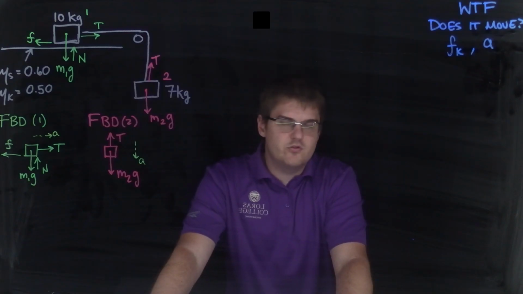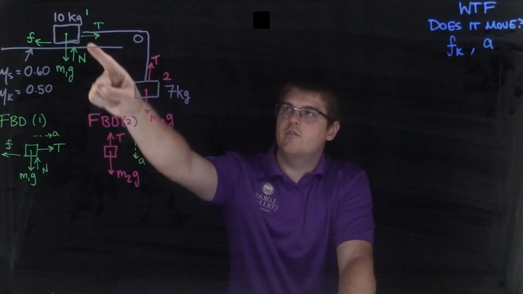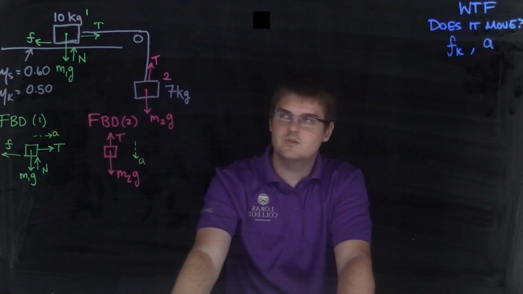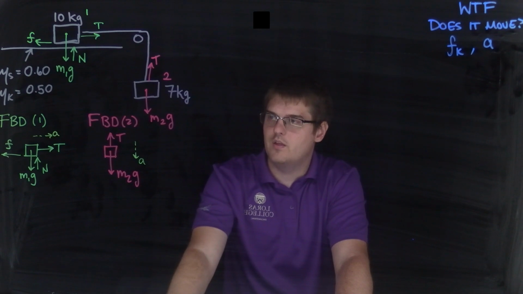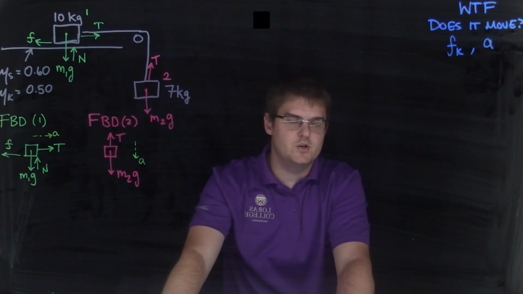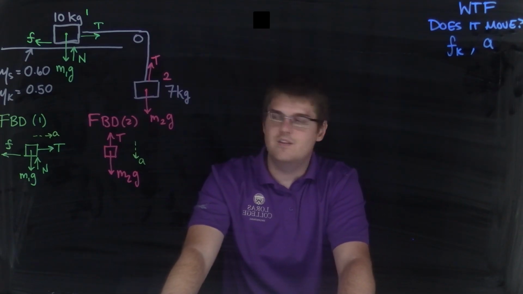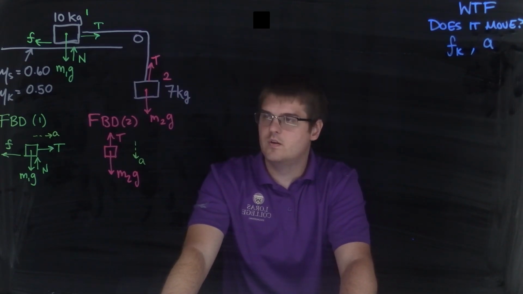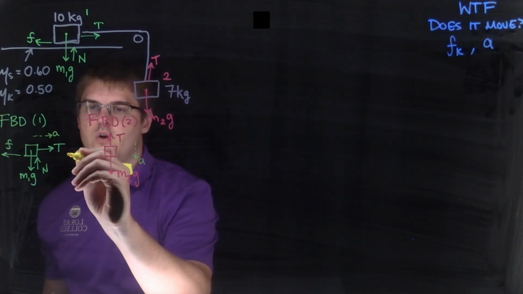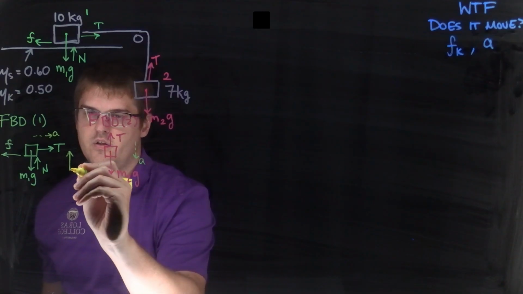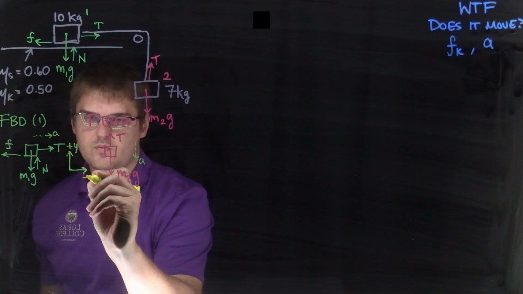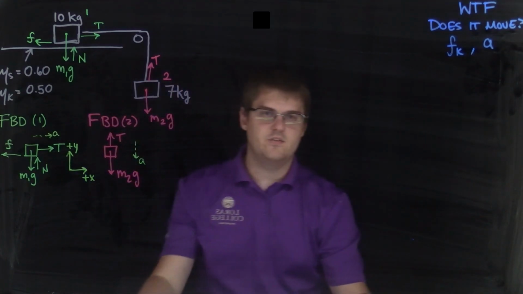If this rope isn't stretching or compressing, if this block moves over 2 inches, this block is going to have to move down 2 inches because the rope needs to stay the same length, which means the acceleration of block 1 should be equal to the acceleration of block 2 for anything we're going to be doing in this class. So with that, if we were to call this our coordinate system and we said positive y is up, positive x is to the right.